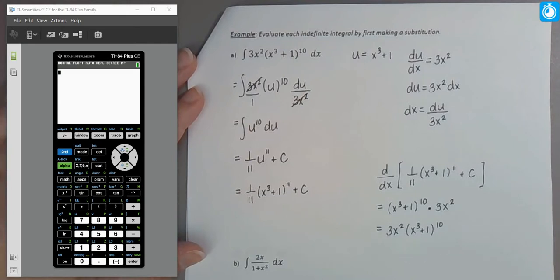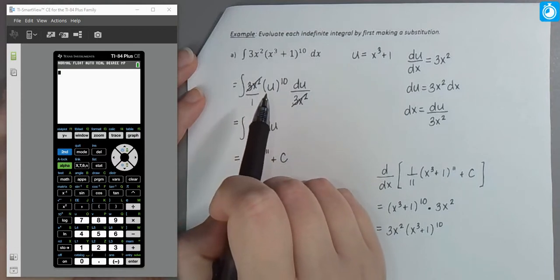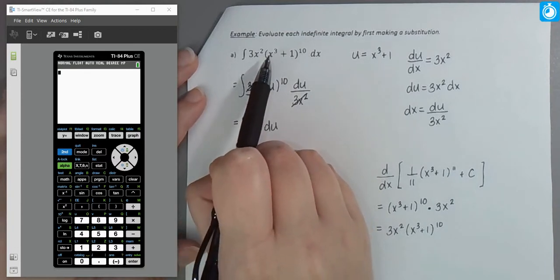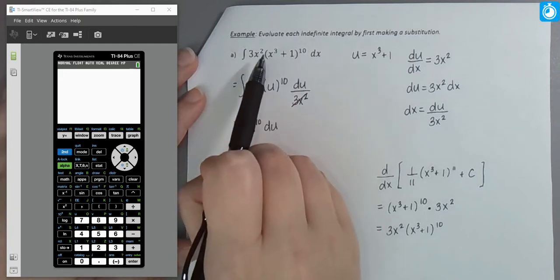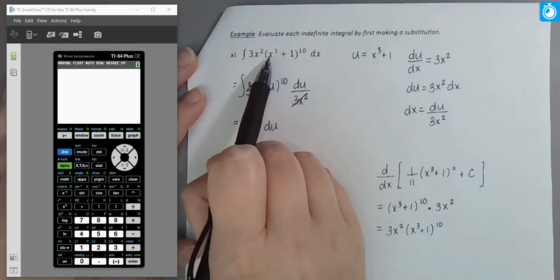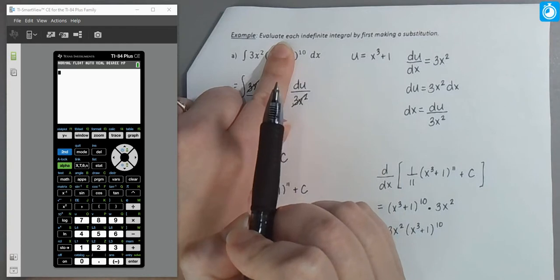So that's the general idea behind substitution. Let's walk through just the process one more time, and then we'll try a few more examples. The original idea: we're looking for a nested function, one function inside of another. So (x cubed plus 1) all raised to the 10th power was our nested function. The inner function was x cubed plus 1, and the outer function took that and raised it to the 10th power.